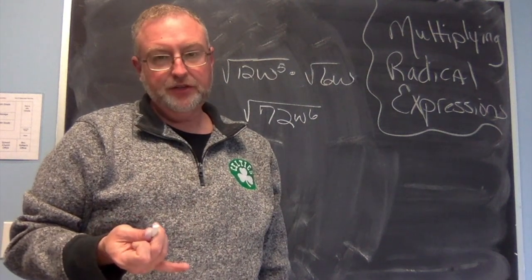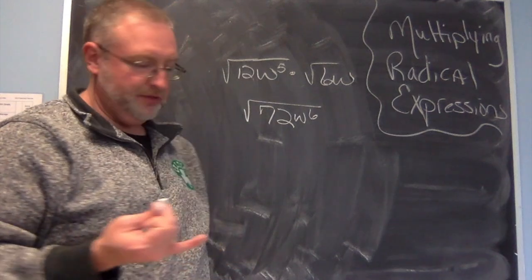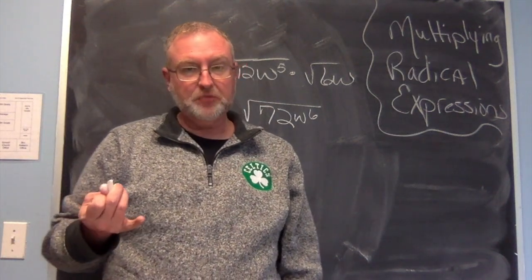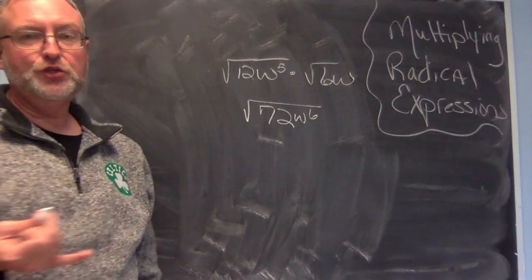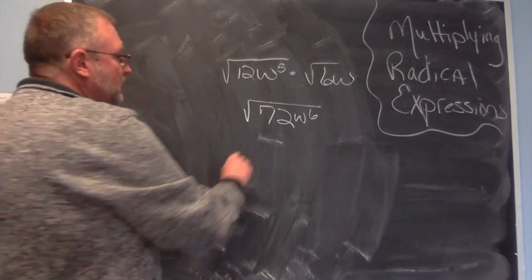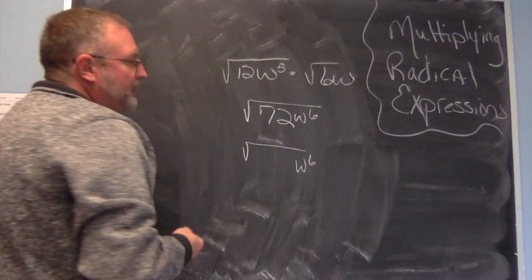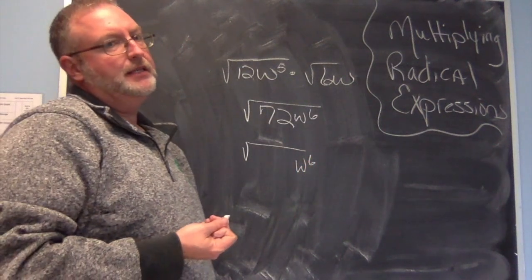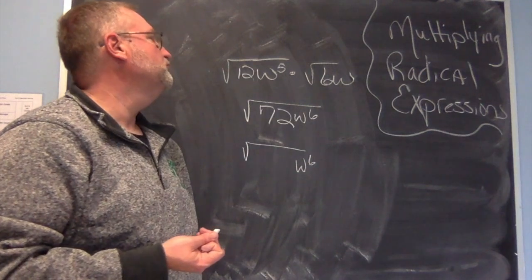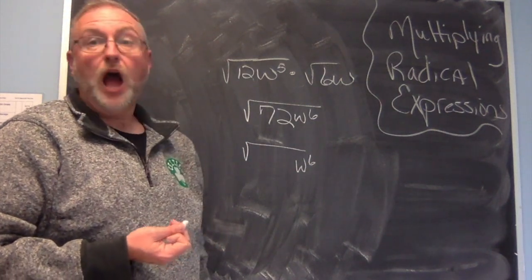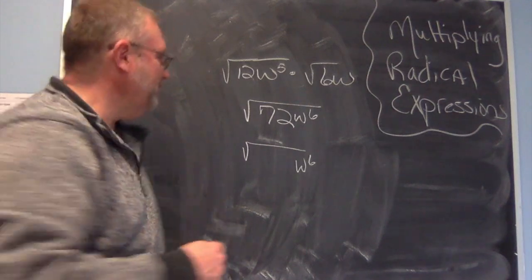Is there a perfect square in 72? 72 would be 2 times 36, yes, right?